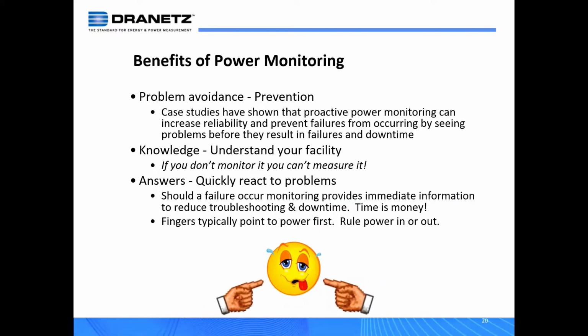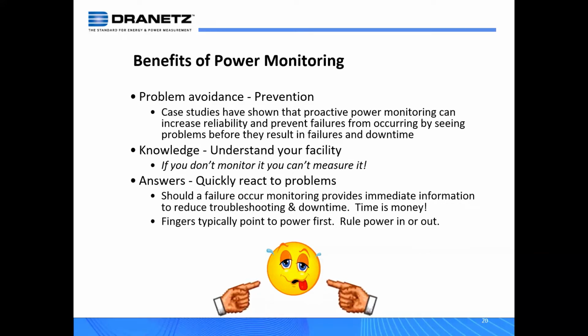So the benefits of power monitoring, why do we do it? When you really boil it down, it's three things. There's problem avoidance, and proactive monitoring can really help in that regard. We've seen many cases where we detect what we call precursor events or pre-fault events. These are anomalies. You're not having issues at that time, but it's an indication that something more sinister may be down the line.